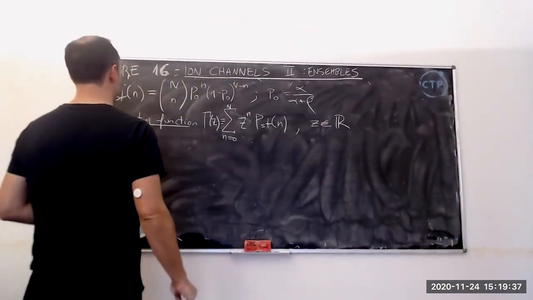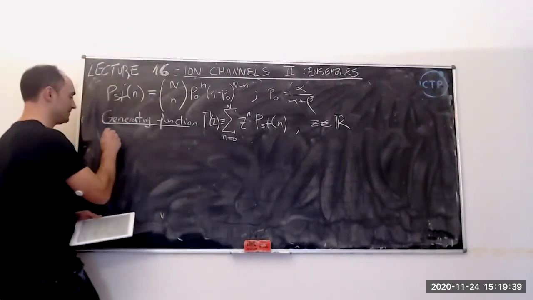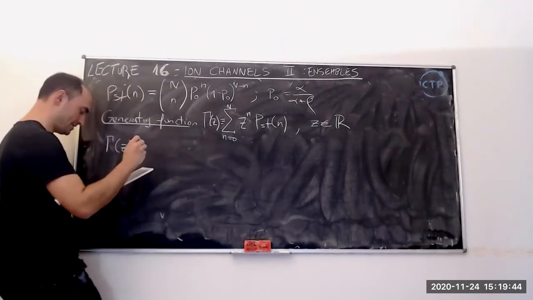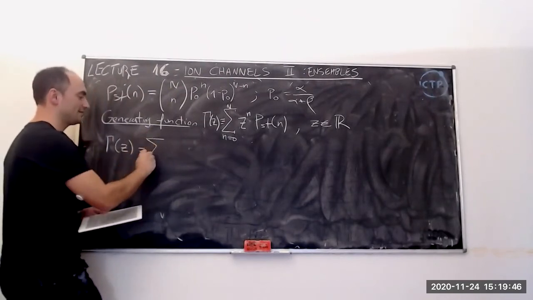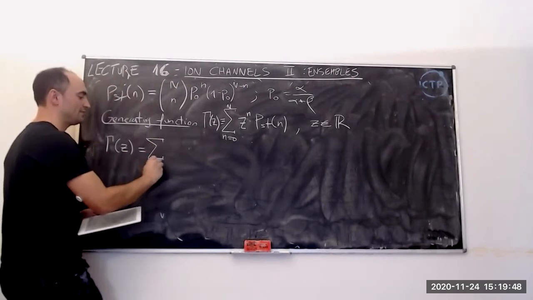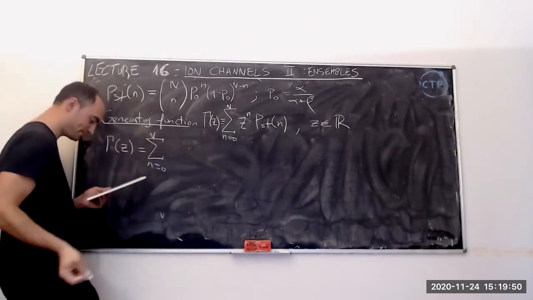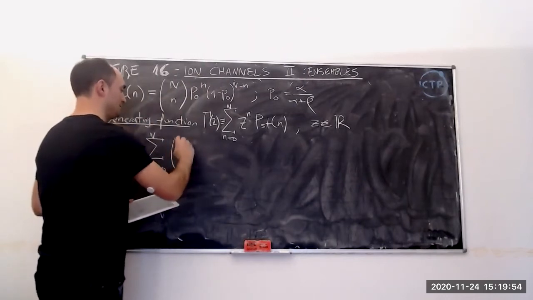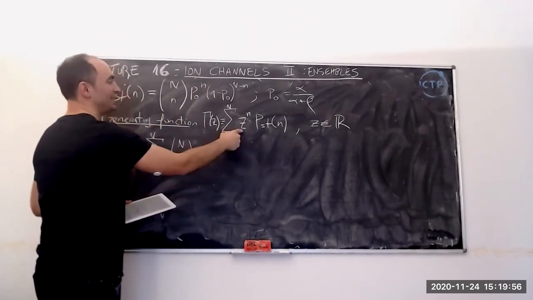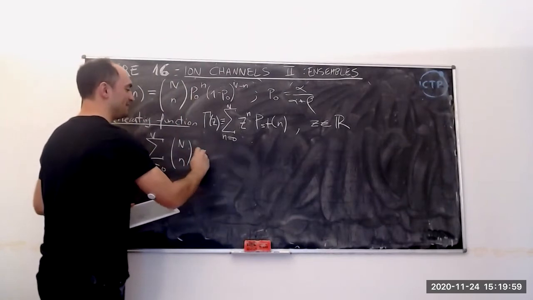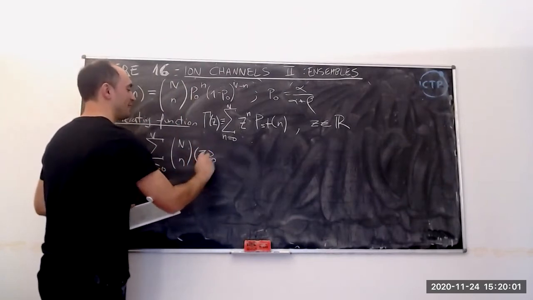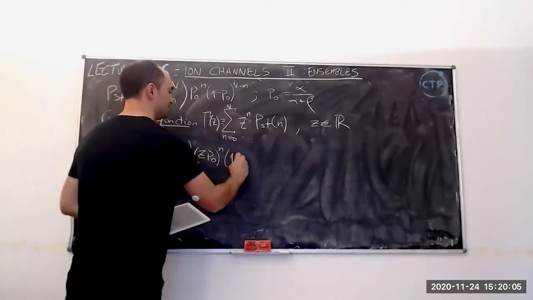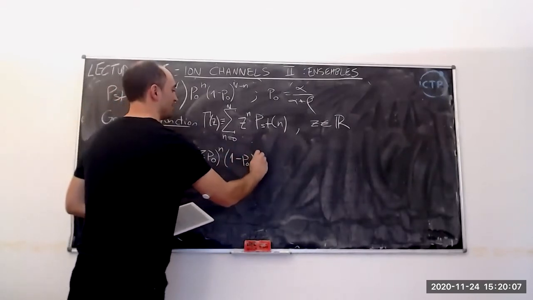So the generating function is the sum over n equals 0 to big N. Now I copy what I have here: N over n, p0 to the n, times 1 minus p0 to the power N minus n.